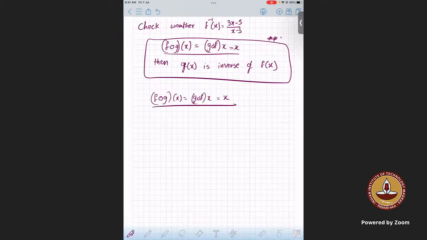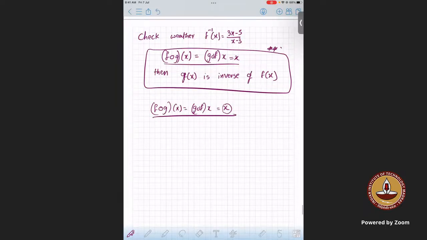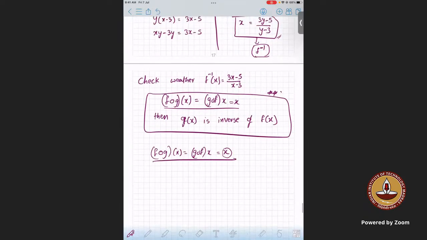This is the condition. Are you getting the value equal to x? F of g of x means what to do? G of f of x means what to do, sir? You want to substitute the value of x only, no, sir?